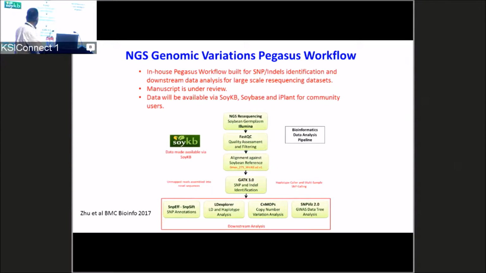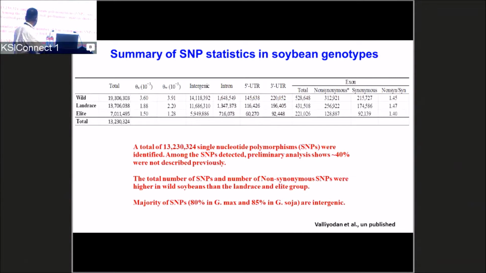We developed a workflow for analyzing soybean genomes, which is publicly available in SoyKB. After sequencing about 600 lines, we found about 13 million SNPs. These SNPs are the key for associating genotype with phenotype in soybeans.